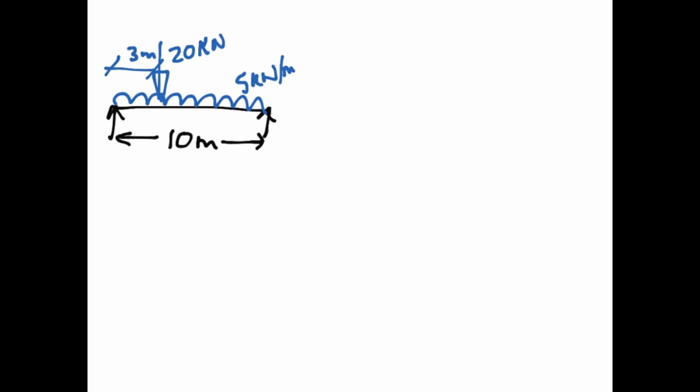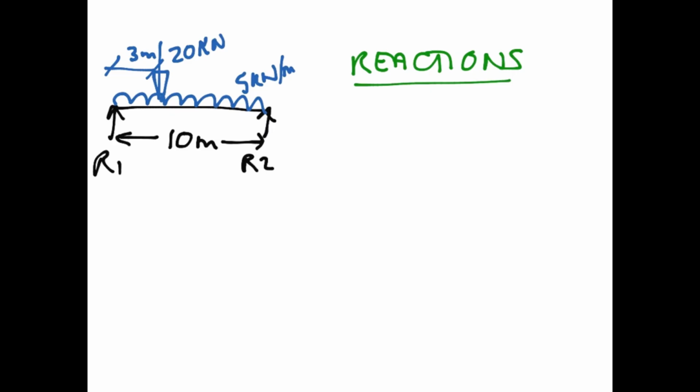So let's start with reactions as we always do. I'm going to call this R1, and this right hand one R2. What I'm going to do to start with is resolve around R2. Very quickly, we know that R1 times 10 metres will be equal to the 20 kilonewtons multiplied by 7 metres from R2, plus the 5 kilonewtons per metre over a 10 metre length multiplied by the 5 metre distance to the centroid of it.